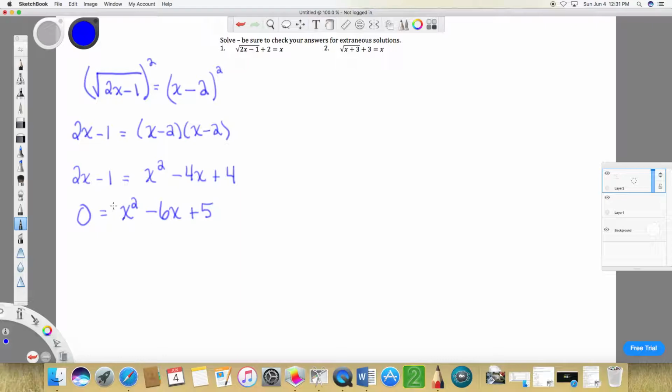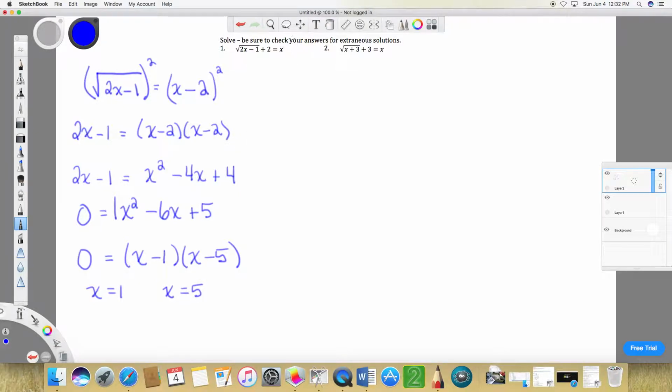When the leading coefficient is 1, it's much easier to factor. Two values that multiply together to give us a positive 5, but yet the middle term being negative 6, are negative 1 and negative 5. And so we have possible solutions of x equals 1 and x equals 5.